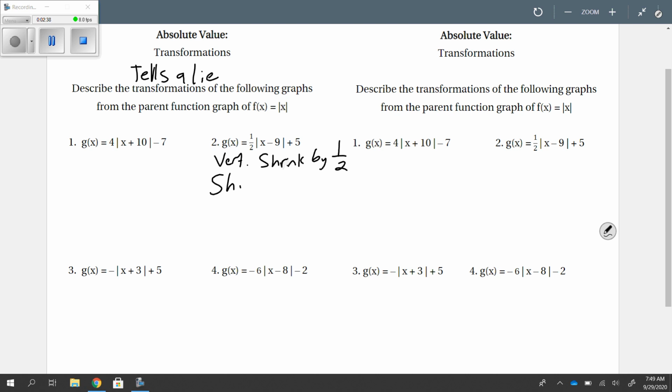So shift right 9. Remember, we'd see the minus 9, we think, oh, we're going to the left on the graph, but because it's inside the parentheses, it tells a lie, so we're going to shift right. And the last thing, plus 5 on the outside, shift up 5. And again, that's it.